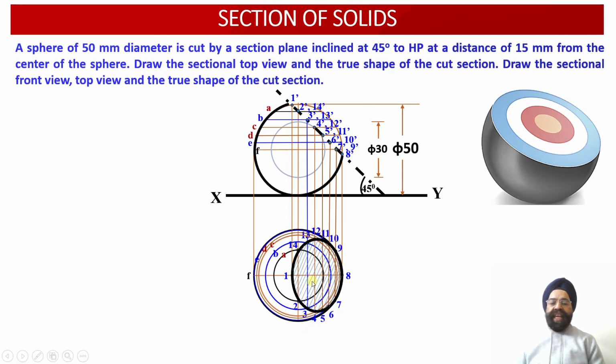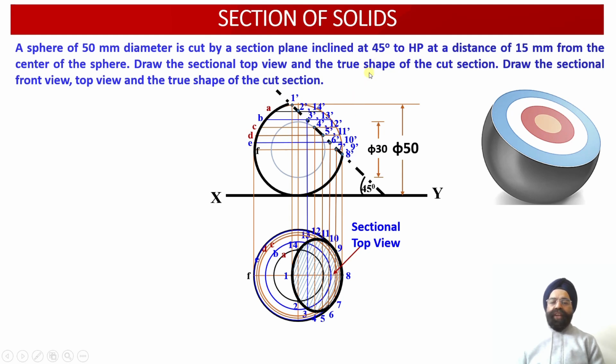And once we do the sectioning, we obtain the apparent shape sectional top view projections corresponding to the cut section, for which 14 points of intersection had been located into the front view and into the top view projections over here. So since we have been able to draw a large number of points into this elliptical construction, it will be an accurate construction of the ellipse over here.